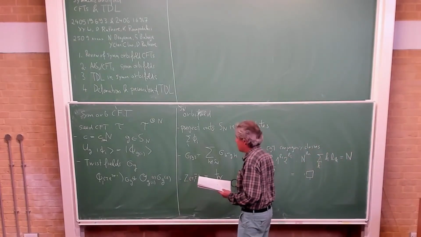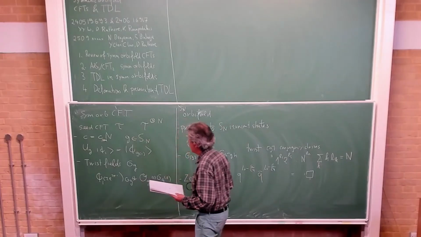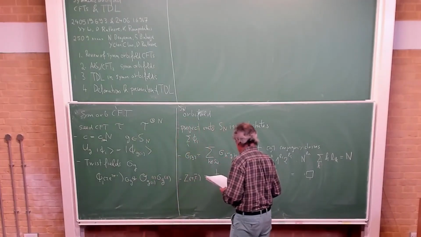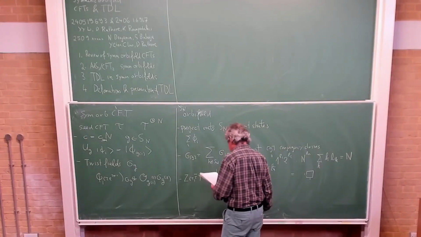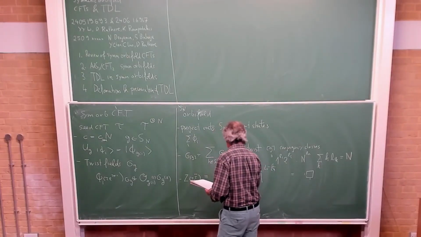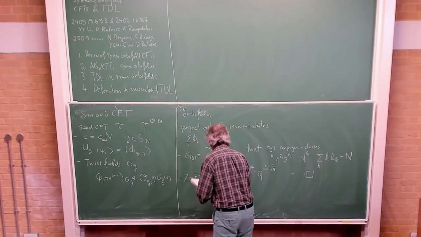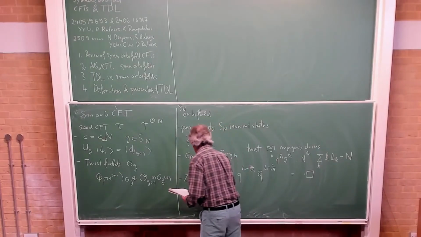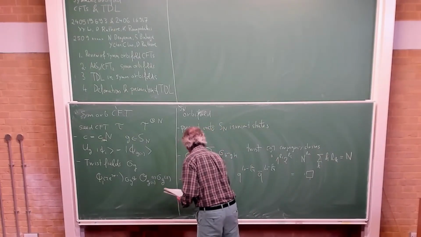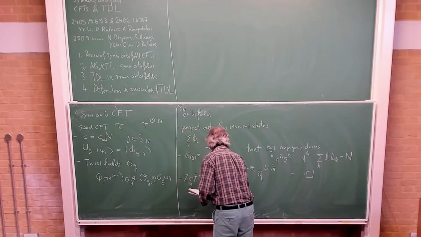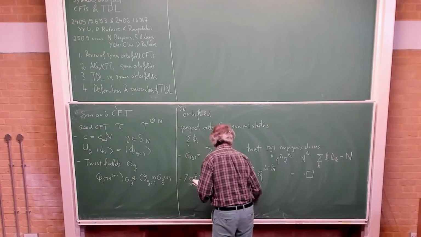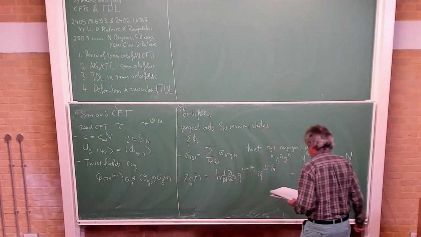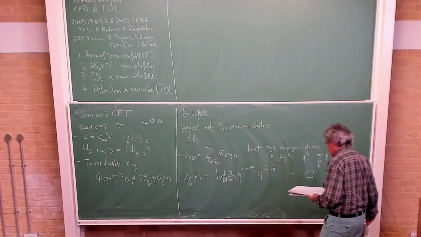This is not projected into Sn invariant states. So if I insert a projector, the first step would be the projection. I put in the sum over the action of all the Sn. So this would be a projector onto Sn invariant states.